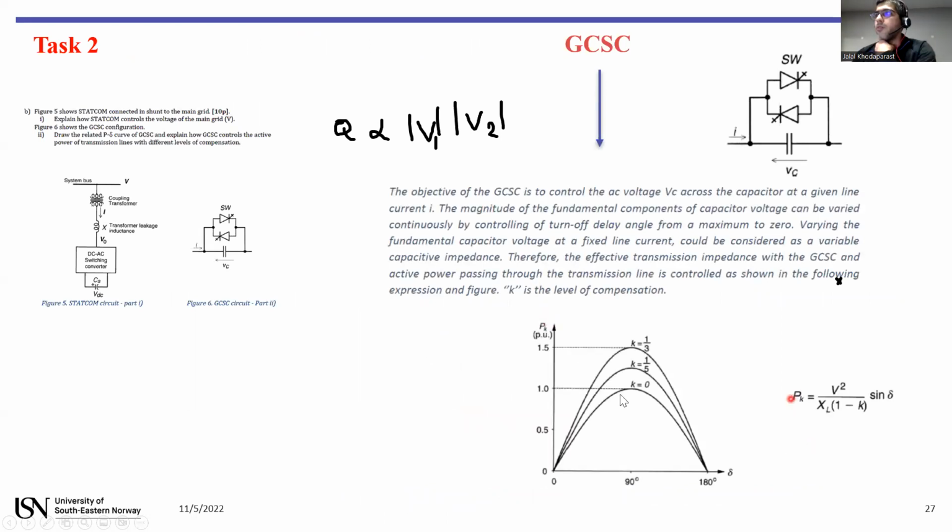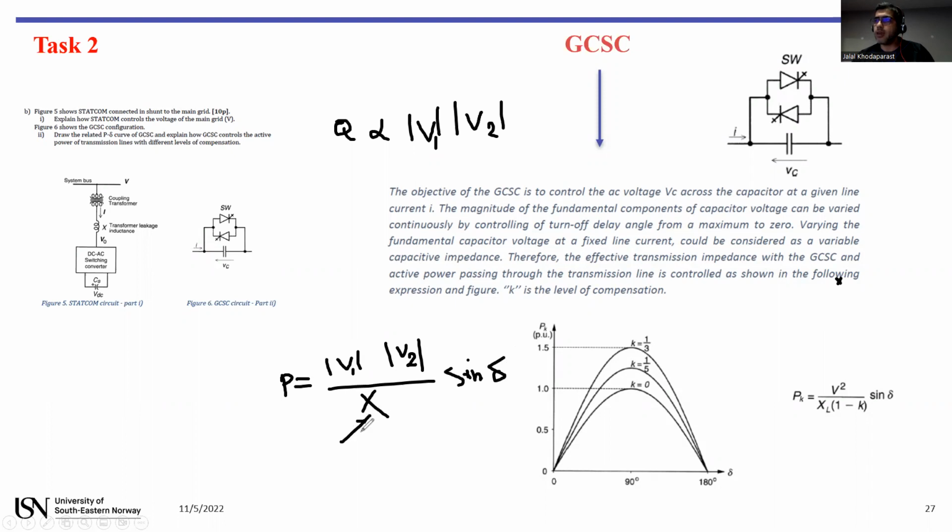And you know that active power is V1, V2 over X. So if we can manipulate this reactance, we can manipulate active power.